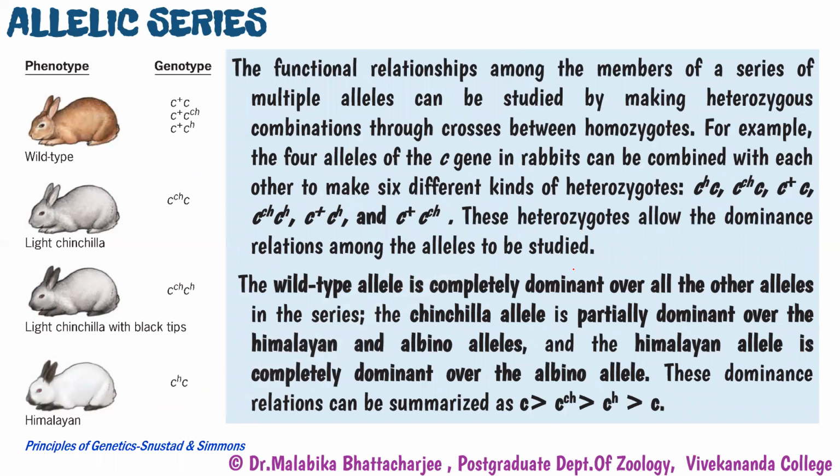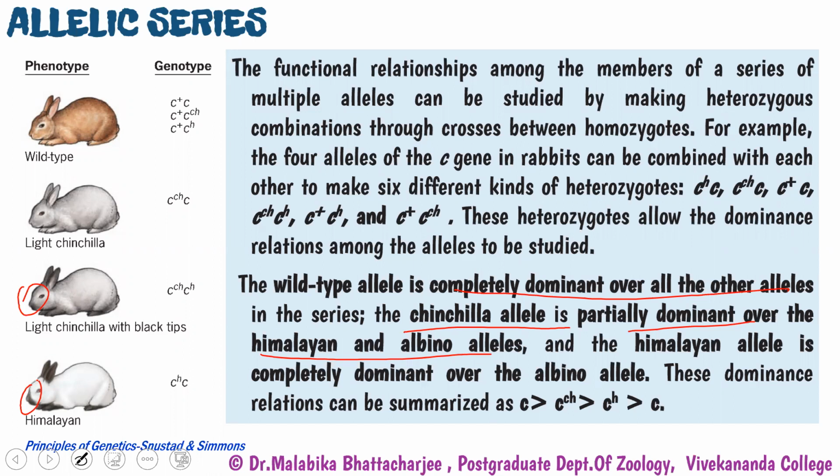As I was saying, the wild type allele is completely dominant over all other alleles, but the chinchilla allele, the CCH allele, is partially dominant over the Himalayan and the albino allele. And hence we get this formation of black tips. So there is not complete dominance when we are considering the chinchilla alleles. With this, we come to the end of the different concepts on alleles.